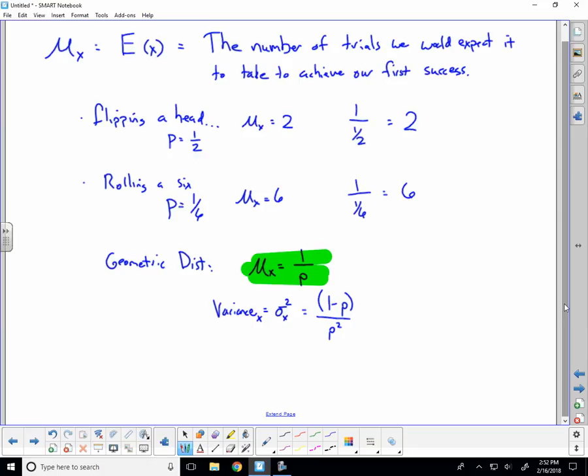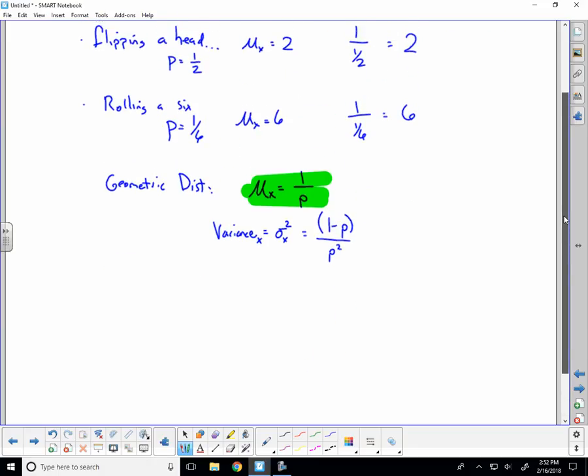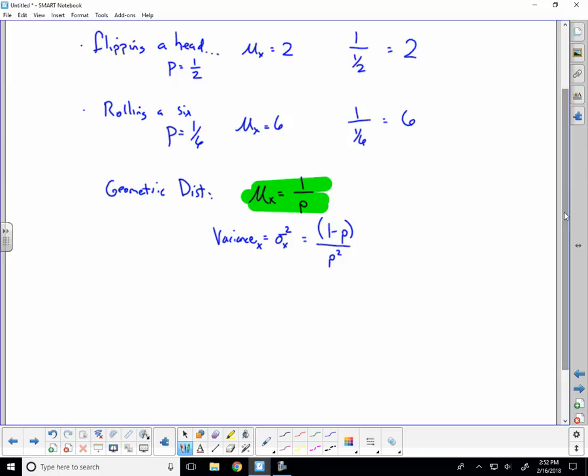All right, so let's find the mean and the variance for an example. On one of the first 3 examples we already talked about, flipping a head, rolling a 6, and making a shot, how many shots will it take until we make one? For this one, we'll do making a three-pointer.